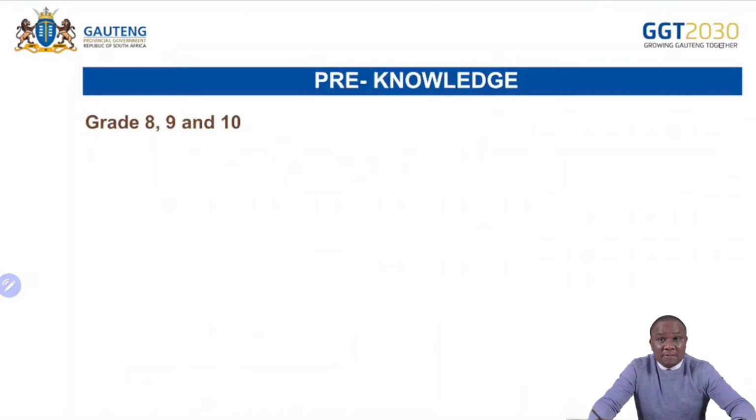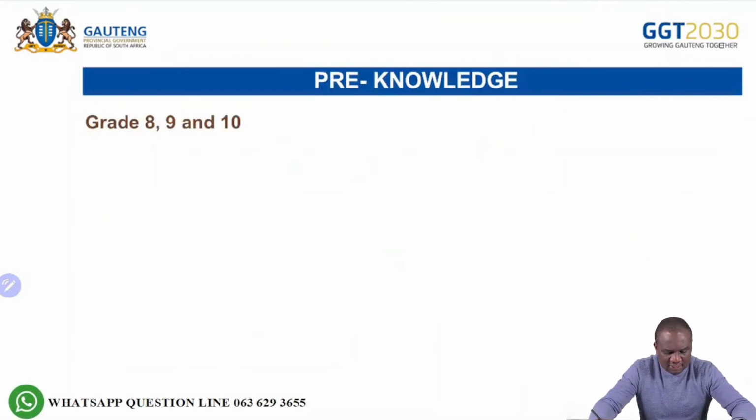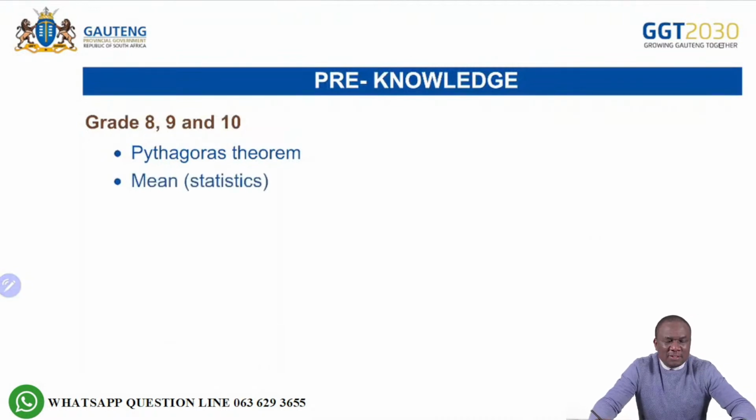In the previous grades and also some of our previous lessons in grade 10, we have done the Pythagoras theorem. Do you remember the Pythagoras theorem? I'll remind you. And then the mean under statistics. How do we find the average? We're going to use that in this lesson. And then coordinate geometry in general, we are going to use what we have learned in these topics in today's lesson.